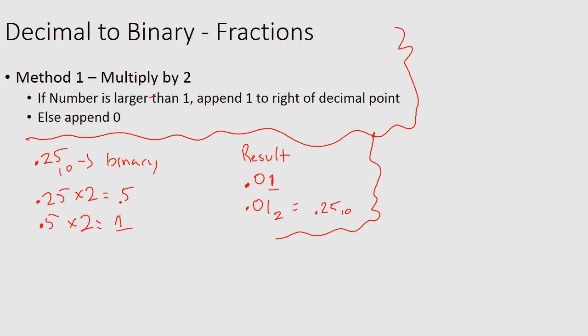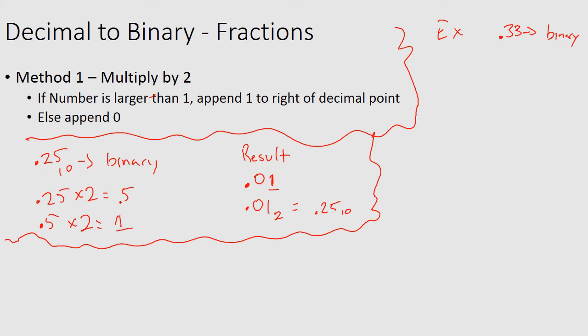And so now that worked out perfectly. However, let's do another example over here. Let's do 0.33 to binary. And what you're going to see is that not all fractional decimal numbers can be converted nicely into binary, while all integer decimal numbers can be nicely converted into binary.